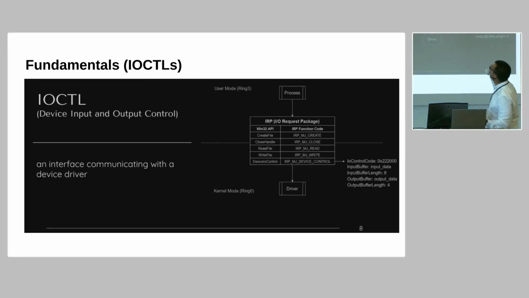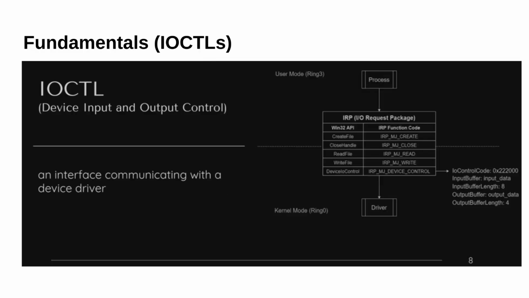Okay, and these are the device input and output controls. So those are the codes that are defined and dispatched by device IO control. It will be selected per IOCTL, per control number. It has a number, a control code.